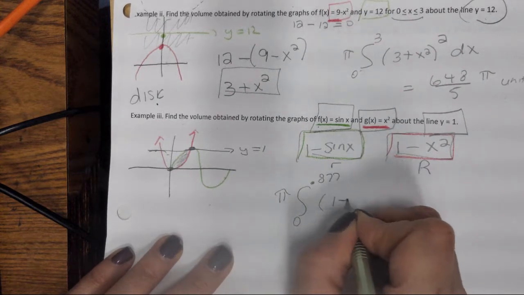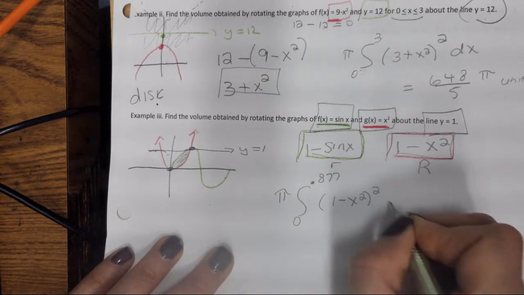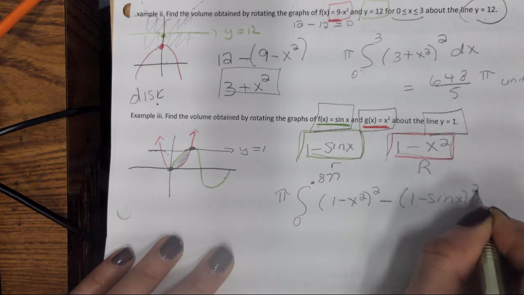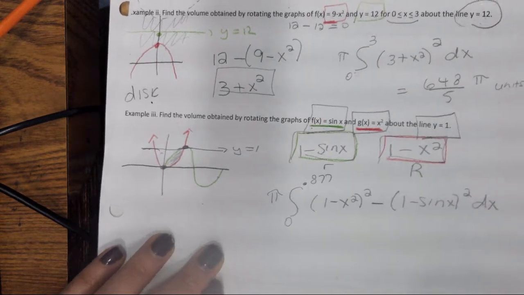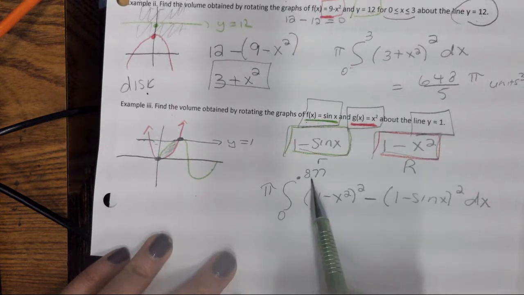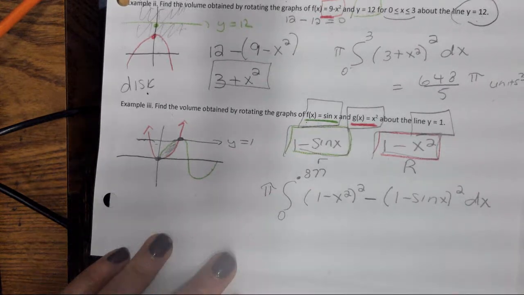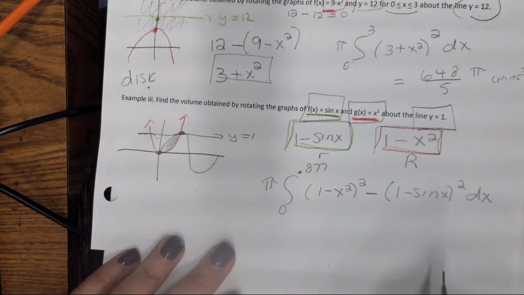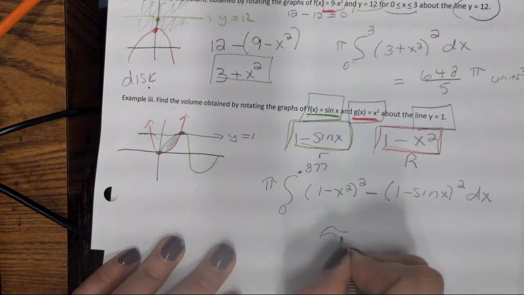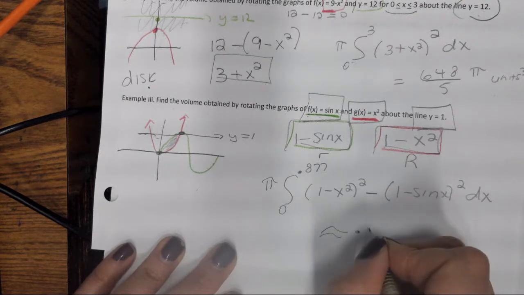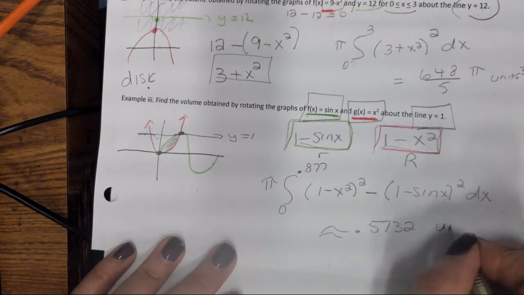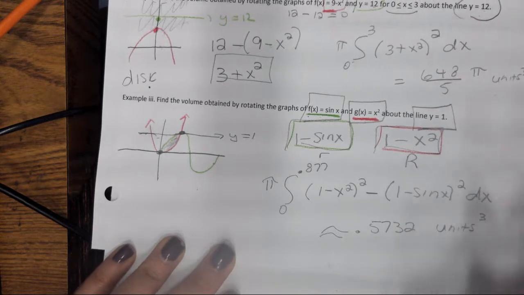And so I have my big R minus my little r, dx. This is a decimal, so I'll plug this whole thing into the calculator, and we will not leave it in terms of pi. We'll get a decimal representation, so this guy is approximately equal to 5.732 units cubed.